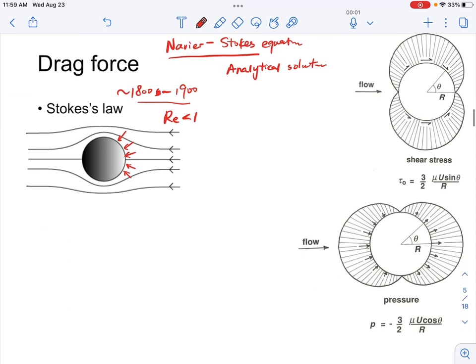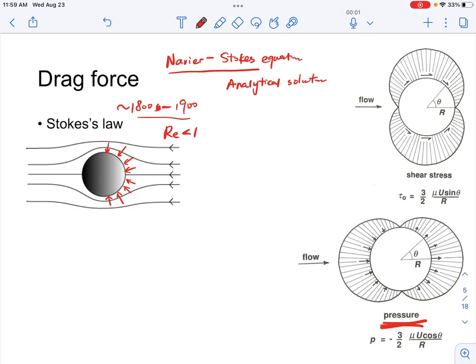That's represented in this pressure term. The force is going to be perpendicular to the surface of the particle. And there's also this shear stress, which is the force adding tangentially onto the surface of the particle.